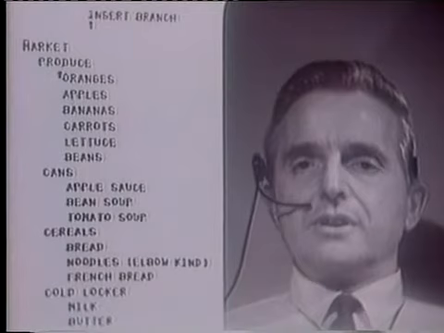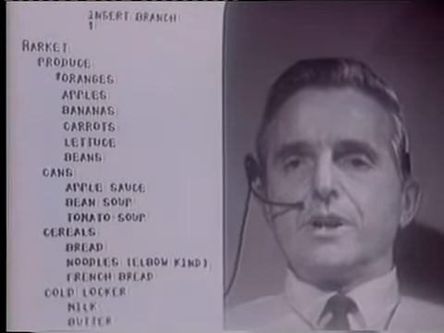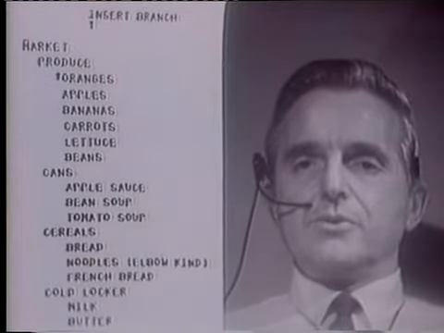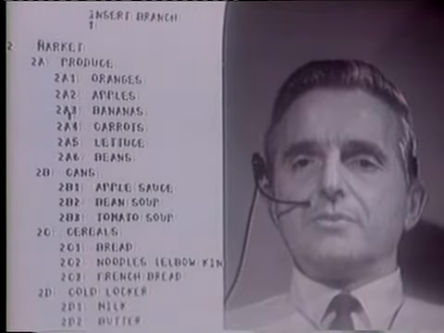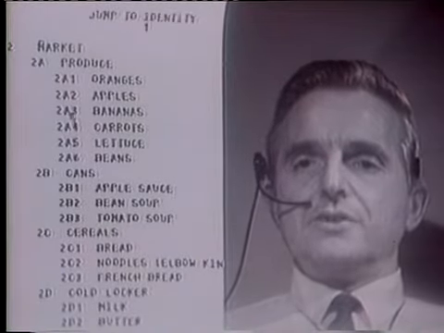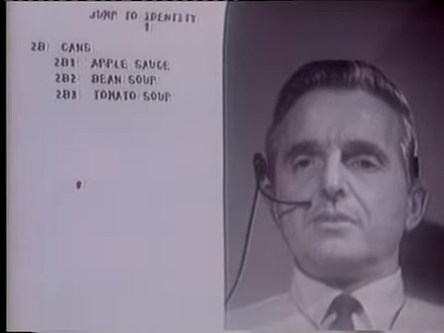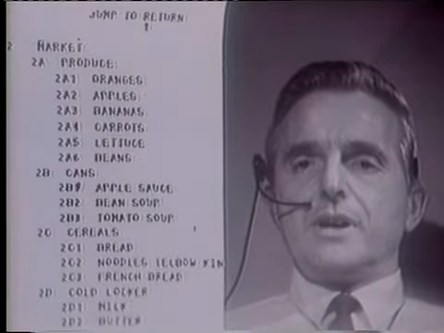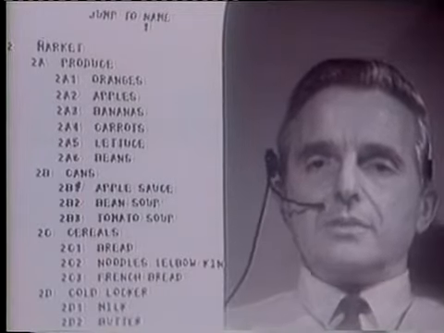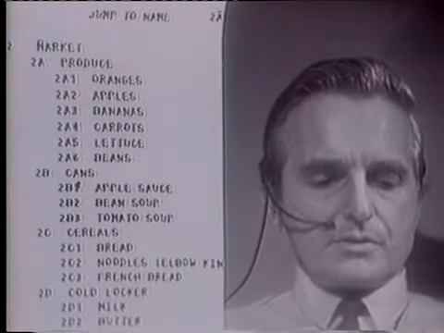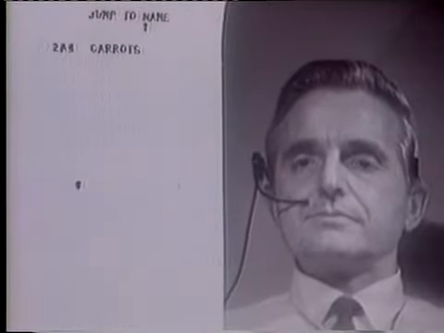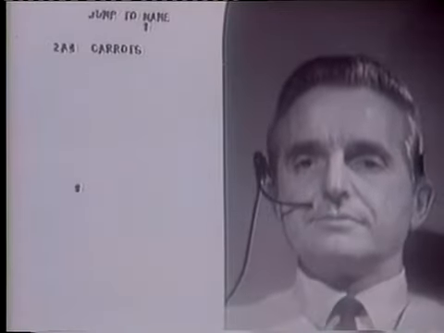But one interesting thing here that I haven't told you about is that when the numbers are on, instead of jump to identity and pointing to that and having it bring to the top, or jumping return back, I can say jump to a name and say go to 2A4. And it'll do it.